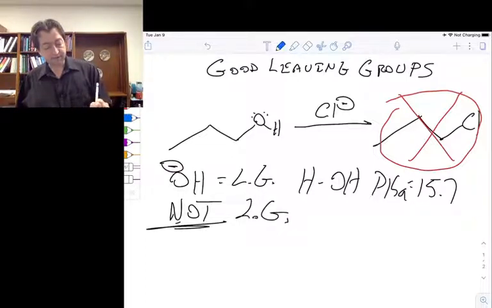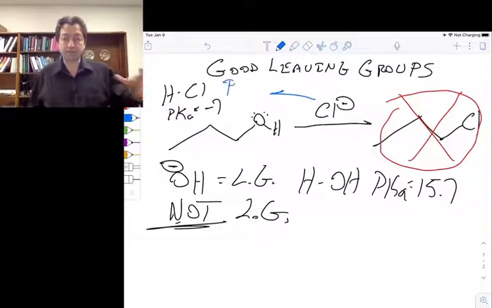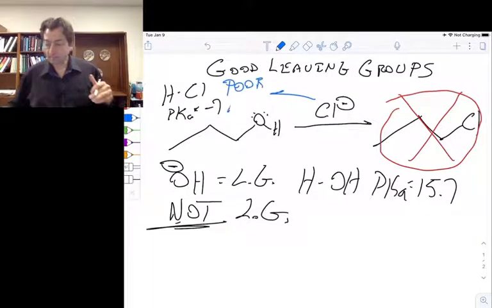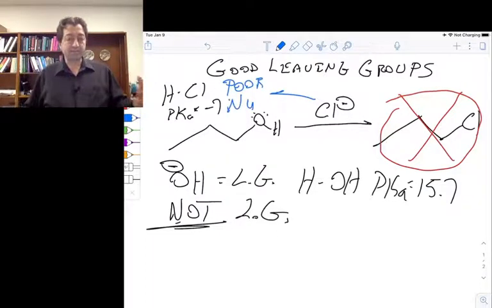That's the conjugate base of HCl, which has a pKa of -7. That's a relatively poor nucleophile. It's small and not very polarizable compared to some of the other nucleophiles we might imagine. So overall, this reaction is set to fail.